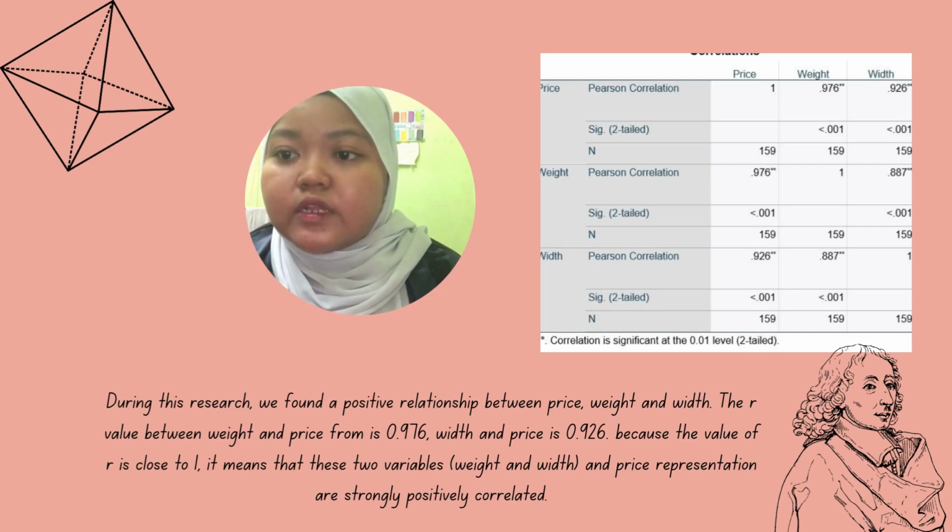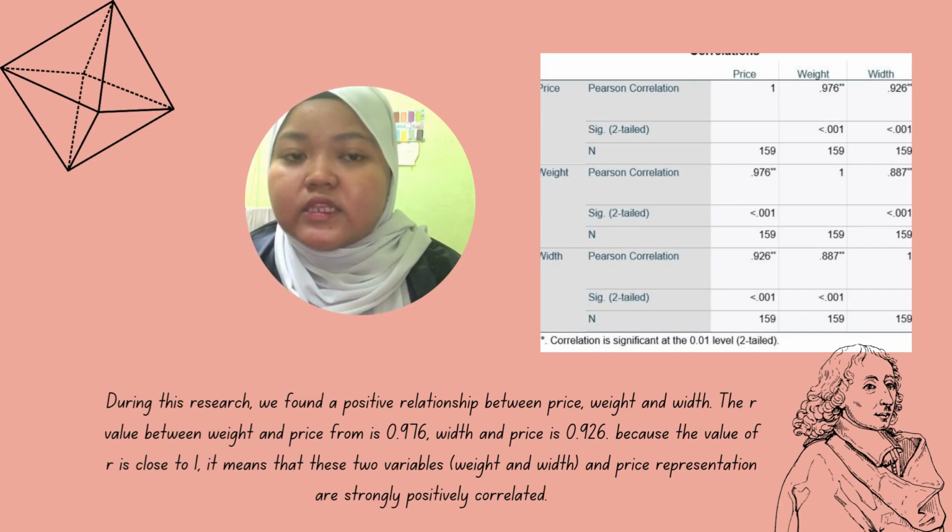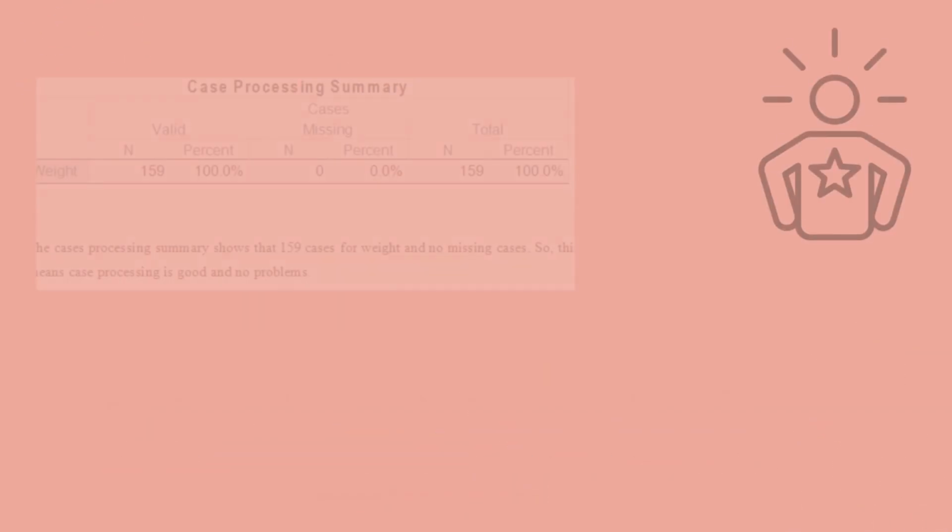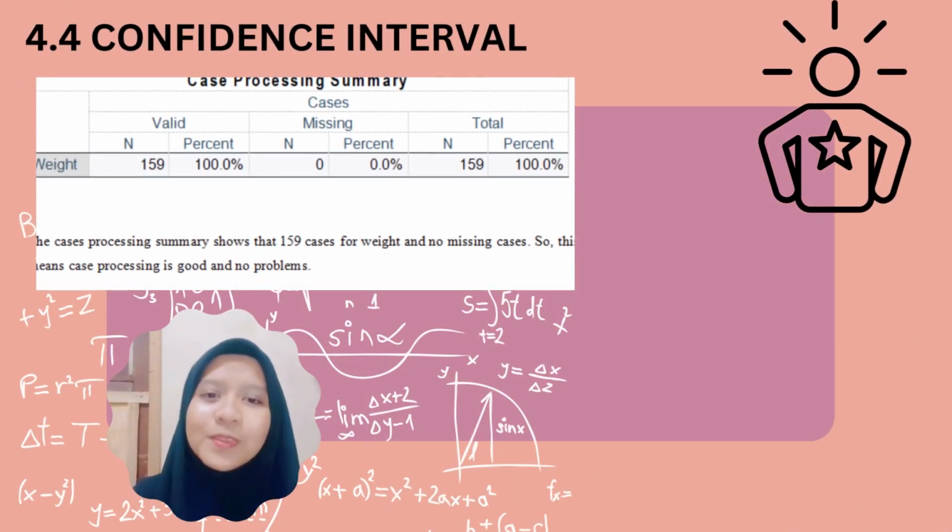The R value between weight and price is 0.976. Weight and price is 0.926 because the value of R is close to 1. It means that these variables, weight, width, and price, are strongly positively correlated. Thank you, I'm Shafika.